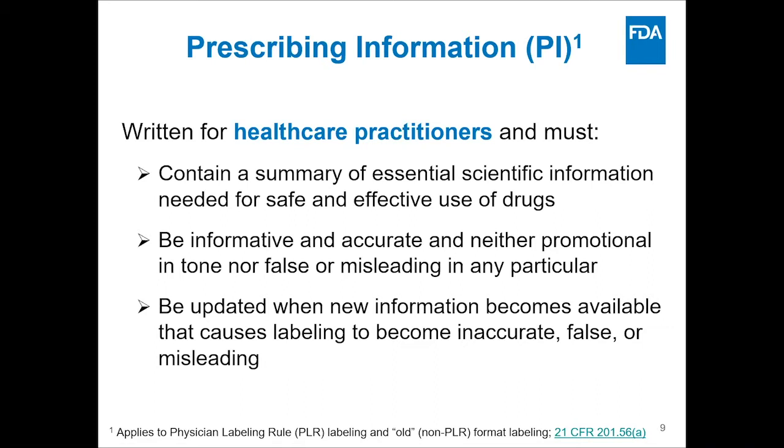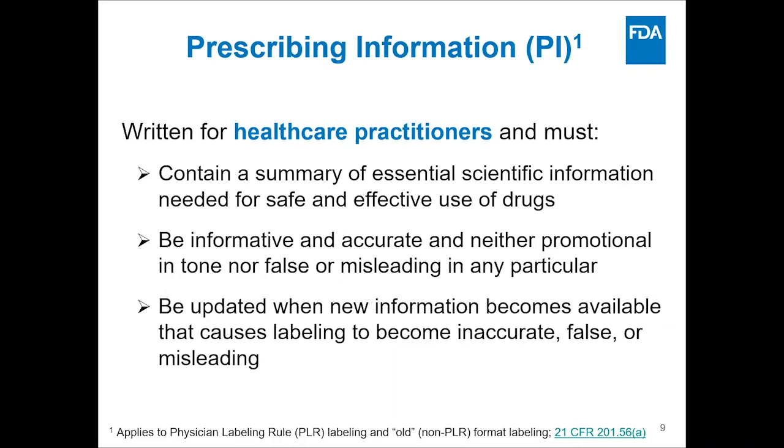One of the key studies they do is bioequivalence studies. They look at exposure of the generic drug compared to what we call the reference listed drug, also known as the innovator. These are pharmacokinetic studies. However, we do not include that information in the labeling because we don't believe that's essential for the healthcare practitioner to use the drug. So not all studies done are included in the labeling, only those essential ones.